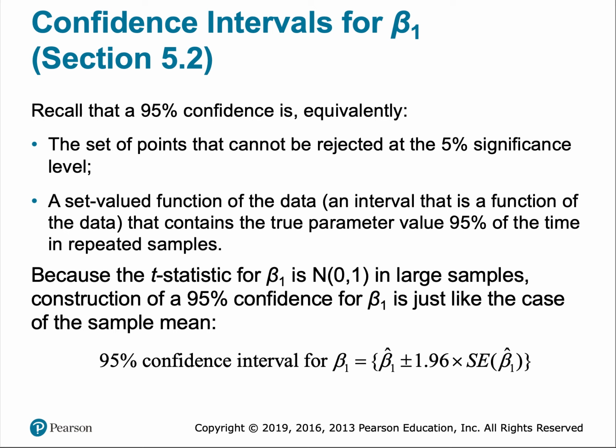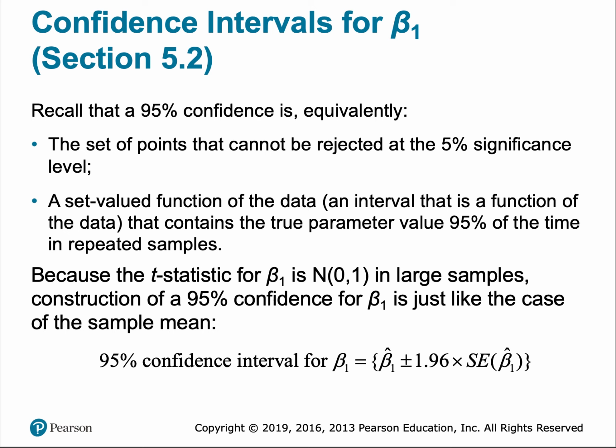So, what we need to say is that in 95% of all possible samples, we believe that the true value of beta 1 will reside within the range of the data that we define or that we estimate.